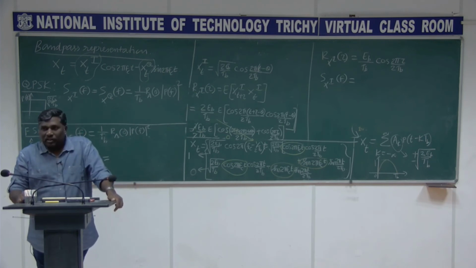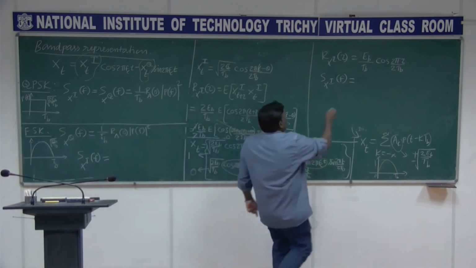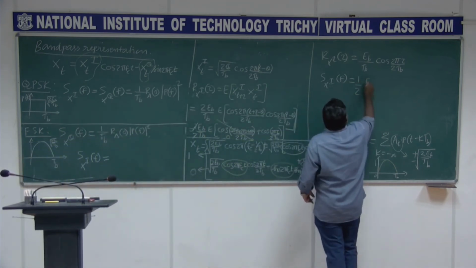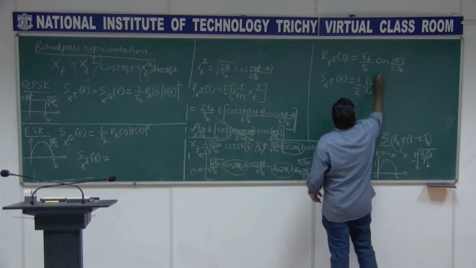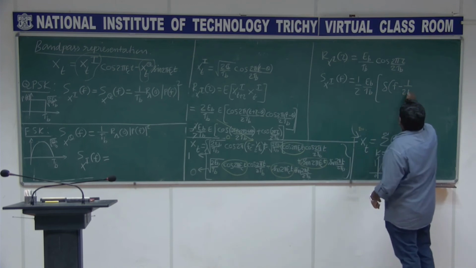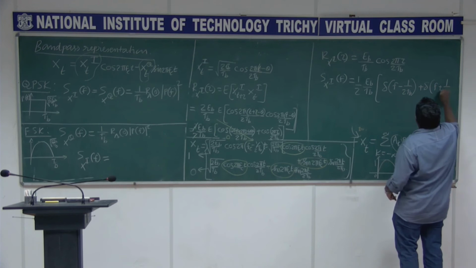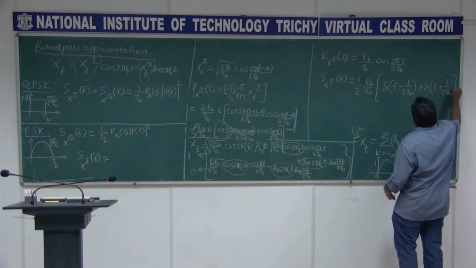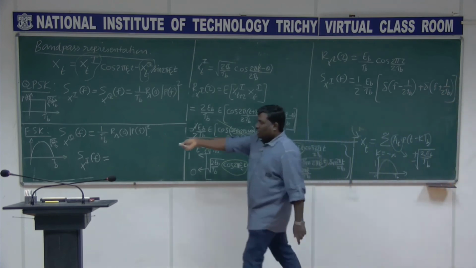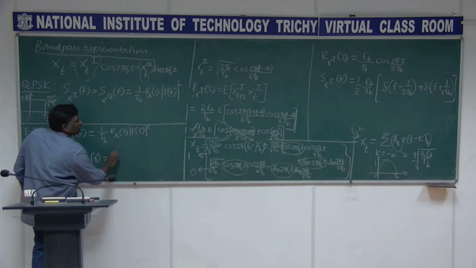So these are the two locations where you get the impulse. So it is 1 by 2 Eb by Tb, and you get an impulse here, delta f minus 1 by 2 Tb plus delta of f plus 1 by 2 Tb. You see that. I have a blank here, so I will write that answer in this.